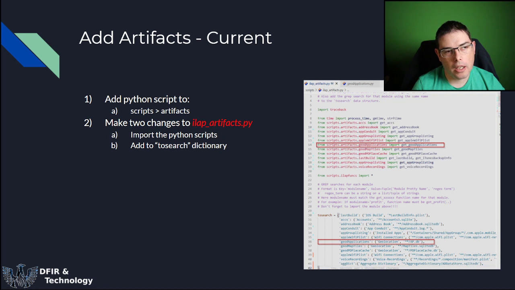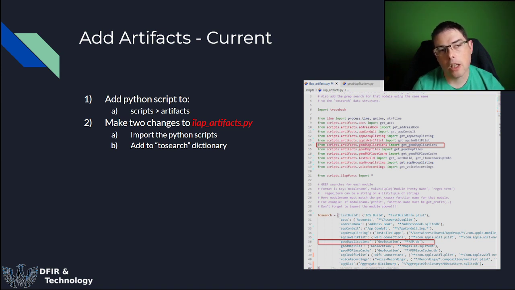And then to add an artifact, like right now, if you were to go to iLEAPP and add an artifact, you would have to do these two things. One is you add a Python script to the folder scripts/artifacts, and you'll make two changes to the iLEAPP_artifacts.py. The two changes which I've highlighted for this previous artifact, for the GOD applications artifact that I previously showed, you'll have to import it, and you're going to have to add it to the search dictionary at the bottom.